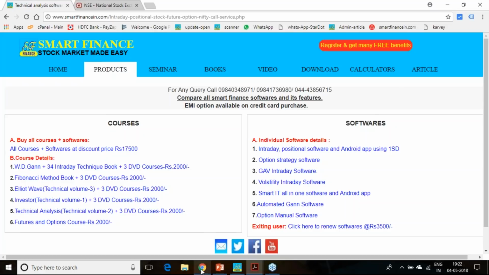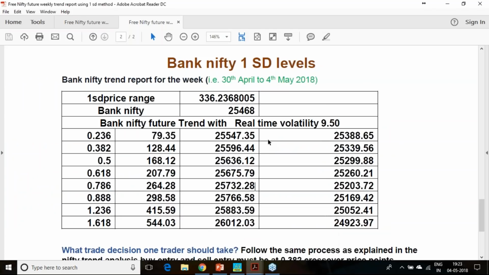Every week you are getting the option strategy as well as the Nifty and Bank Nifty trend reports. So what we have said and how far it has succeeded. These are small announcements, and we will be starting the session exactly at 7:30.